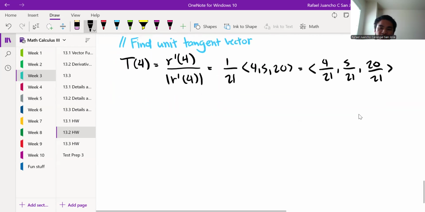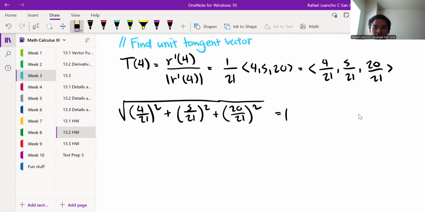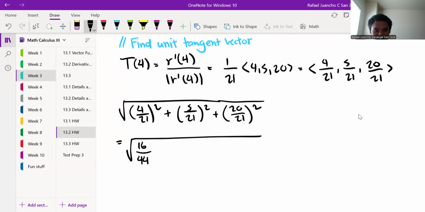Do I know? Well, I can check it. To check its length from the origin, I just do a distance formula. So I do this squared, 5 squared, and then the 20 squared. And this should equal 1, right? So let's see, just to prove it works. I'm also trying to not doubt myself that it actually works. So we have 16 over 21 squared is 441.